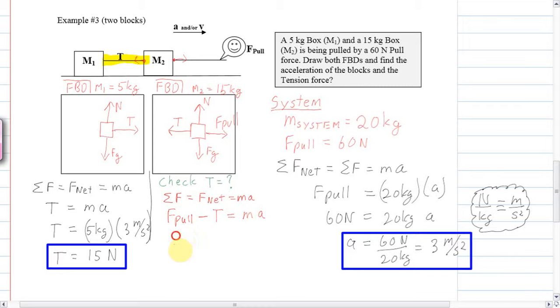The pull is 60 newtons. The tension is what we're trying to calculate. Mass is 15 kilograms. What's the acceleration? 3. So 60 minus tension is equal to 45. That means tension is equal to 15.